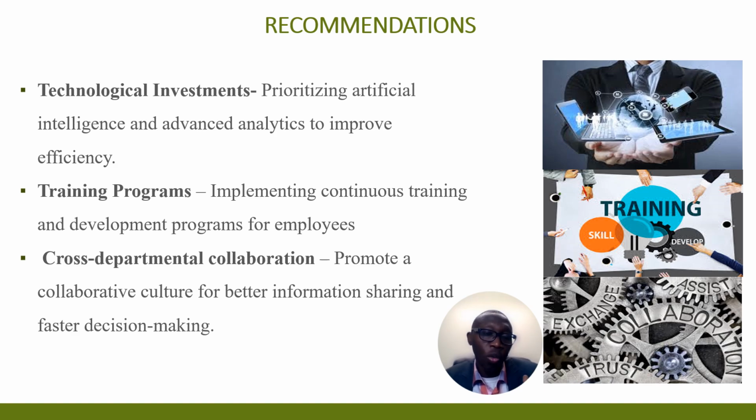Once you have this technology available, start implementing continuous training and development programs for the employees. From there, there will be what we call cross-departmental collaboration, in order to promote a collaborative culture for better communication and knowledge sharing. At the end of it all, there will be faster decision making when a threat comes in.